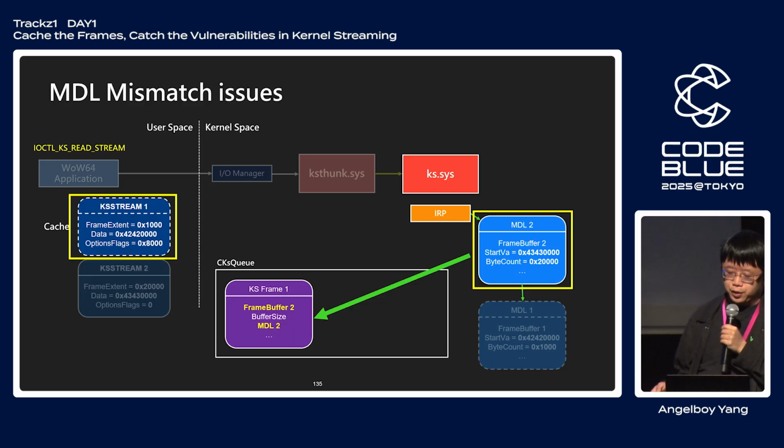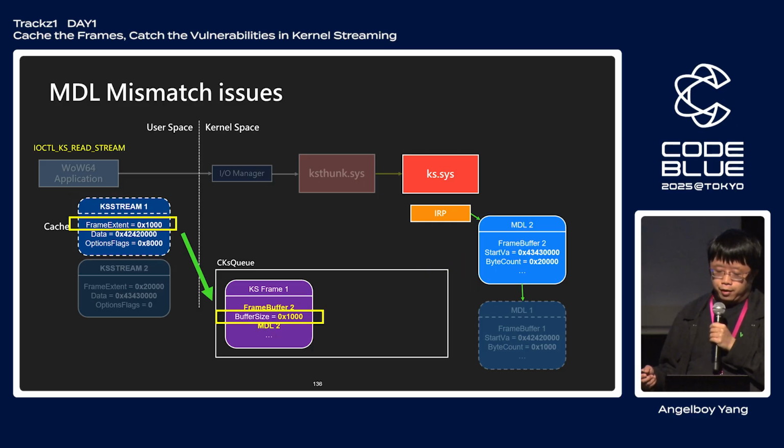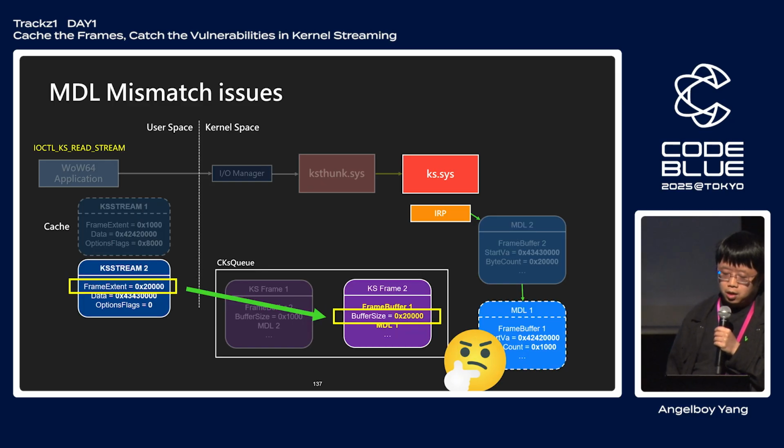Finally, case creates the cache frame structure based on the MDO chain and the cache string header. The frame size from the header is stored into the corresponding cache frame for both frames. As shown in this diagram, the first frame will have a size of 0x1000 stored, while the second frame will have 0x20000 stored. Did you notice the problem?